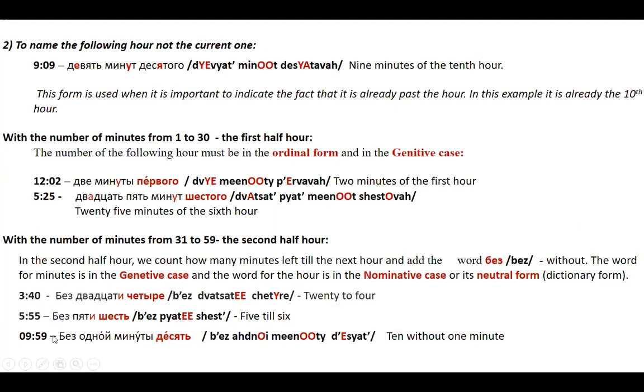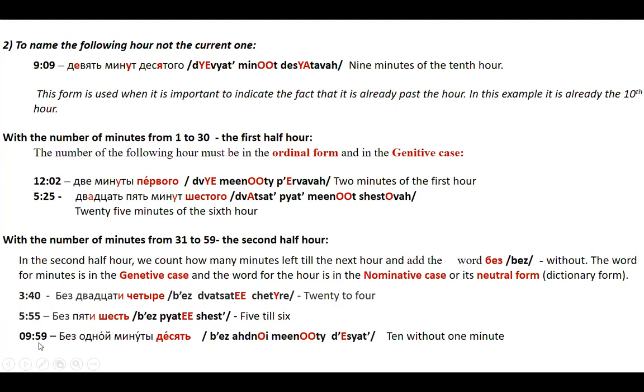Another example, 5 till 6. So 5:55, we can say as 5 till 6, because it's literally 5 minutes left until the next hour. Без 5 6. Literally 5 till 6. Another example, 9:59.